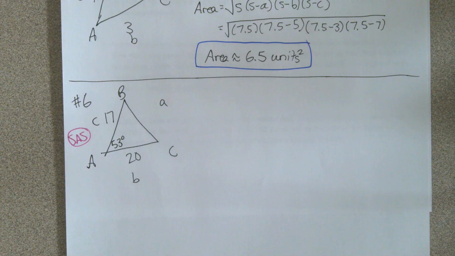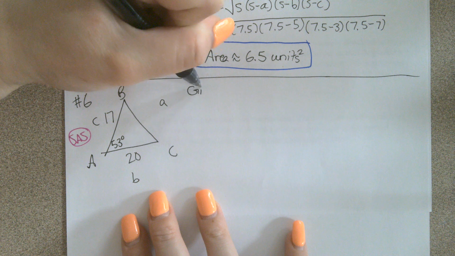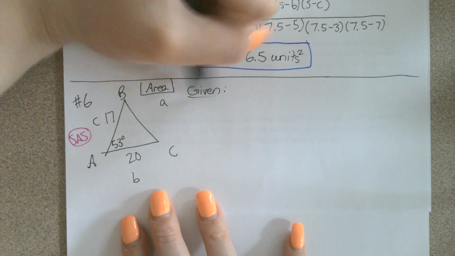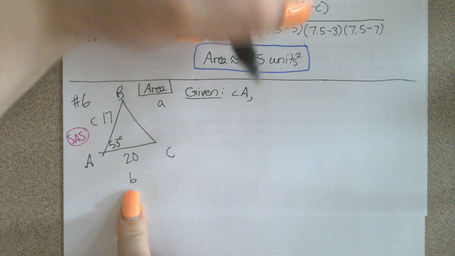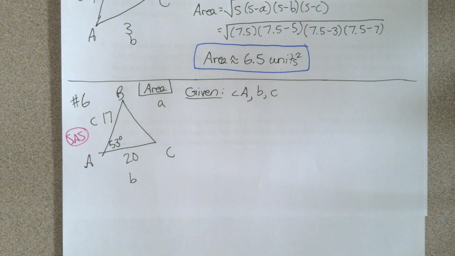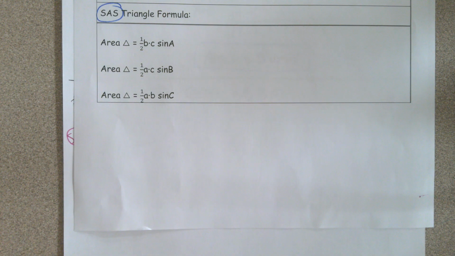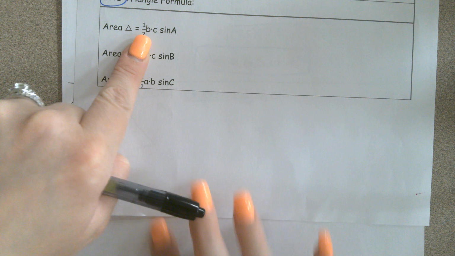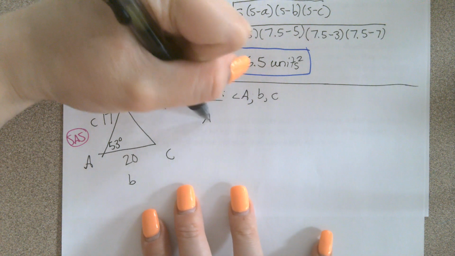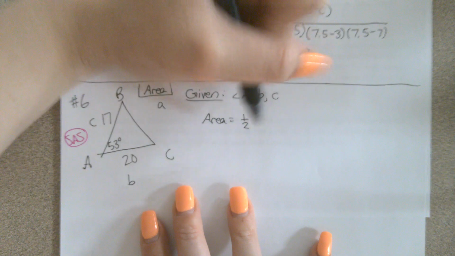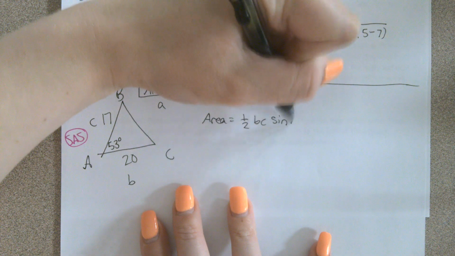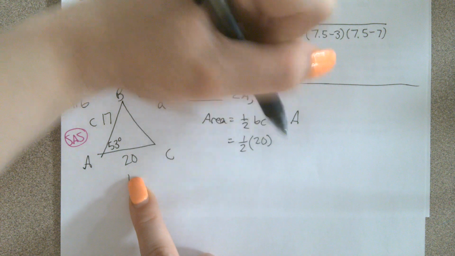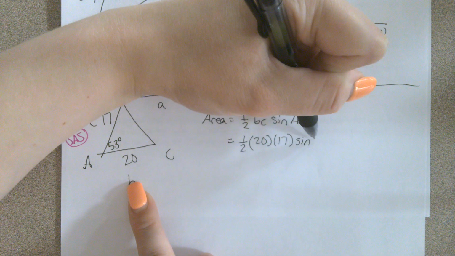Let's figure out which version of the formula we will use. Again, our goal here is to find area. We are given angle A, side B, side C. Angle A is only in one formula. It's the top one with sides B and C. So this formula is what we will use. Area equals 1/2 BC sine of A. 1/2, B is 20, C is 17 times sine of 53.